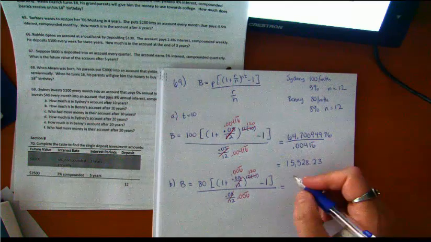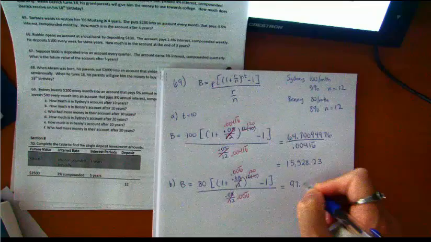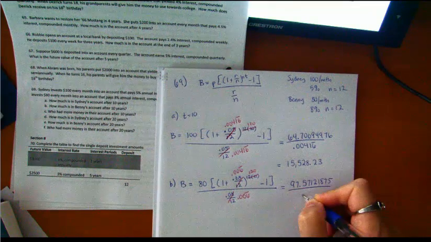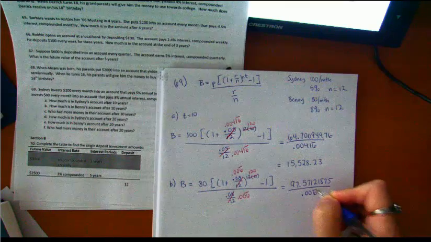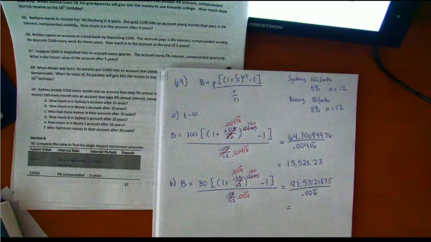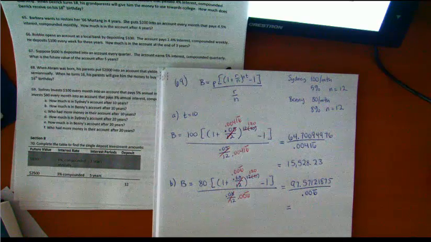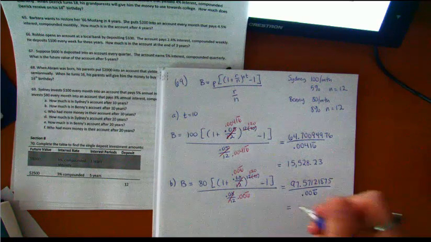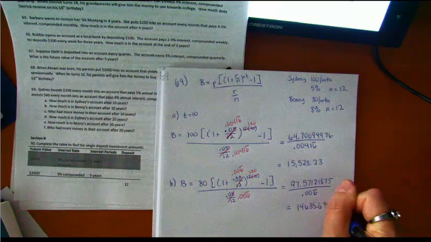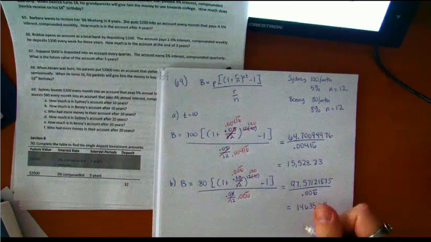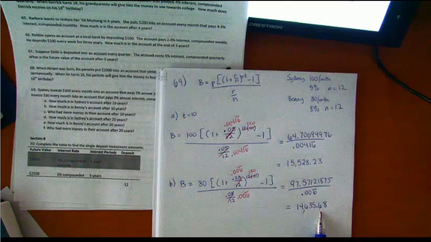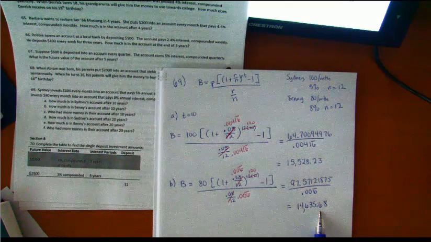And I get a numerator of 97,57,121,875. I'm dividing that by my 0.006 repeating. So at the end of 10 years, Benny is going to have $14,635.68.